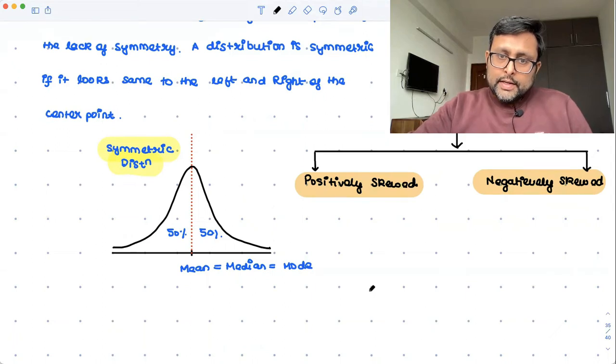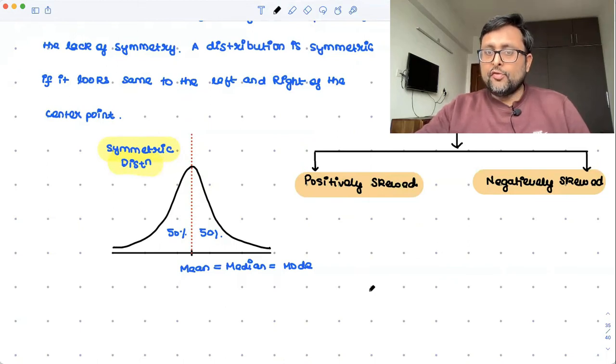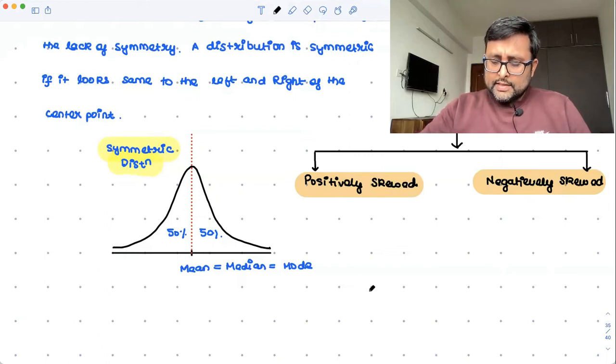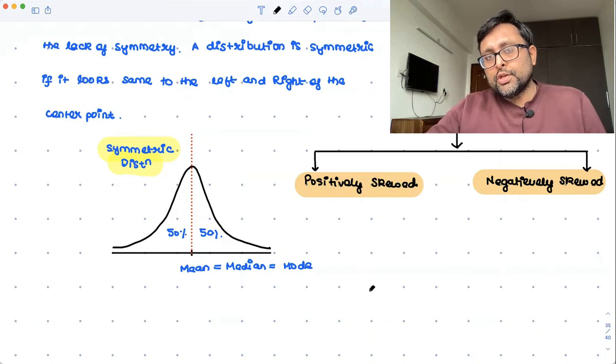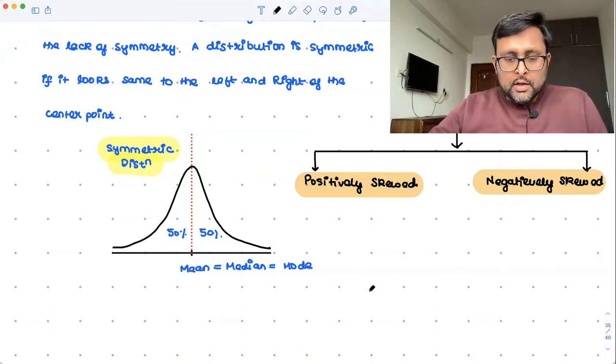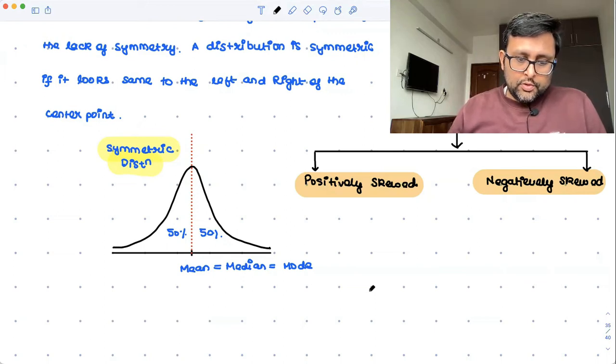When the tail of the distribution is more towards the right of the center of the distribution, you call that the positively skewed distribution, while the negatively skewed distribution is when the tail is more towards the left of the distribution, right?